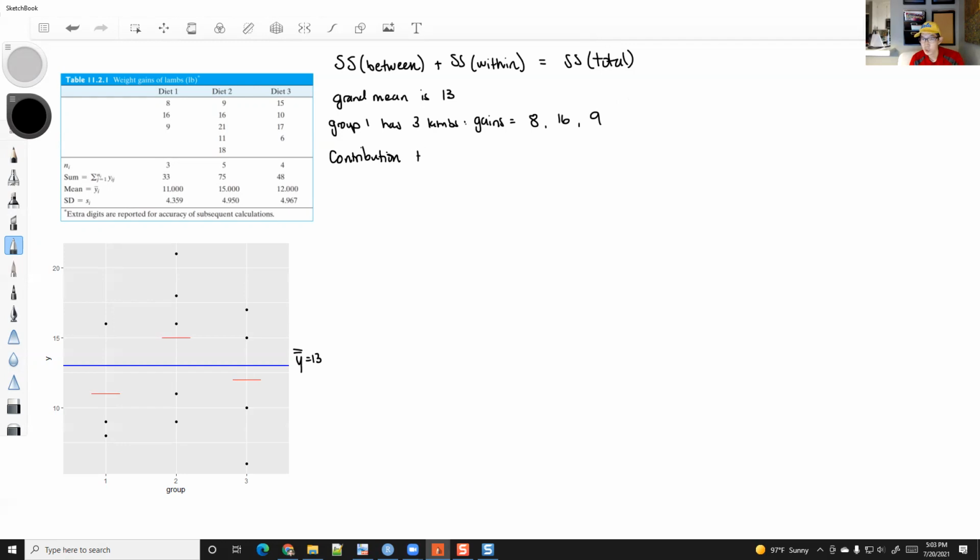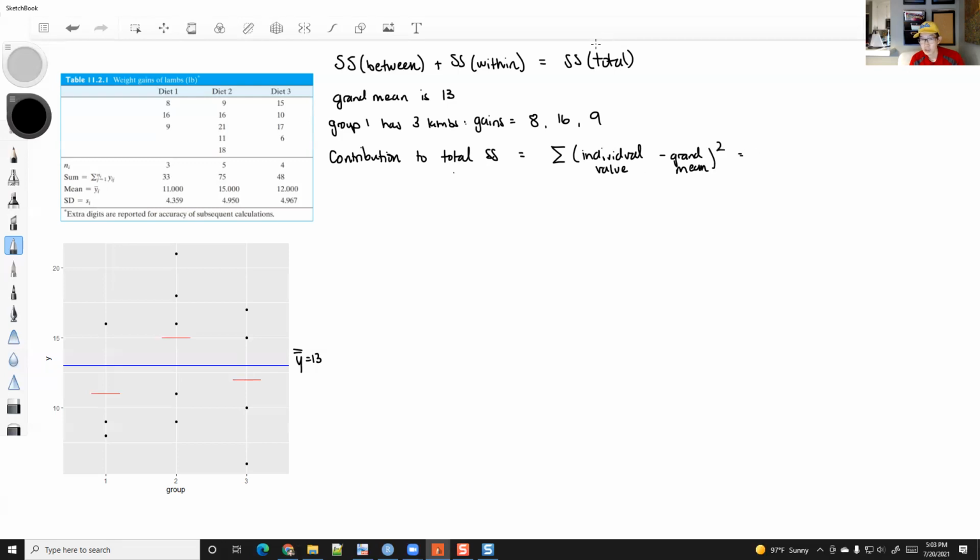The contribution to the total sum of squares is the sum of the individual values minus the grand mean, squared. We're going to add this up.